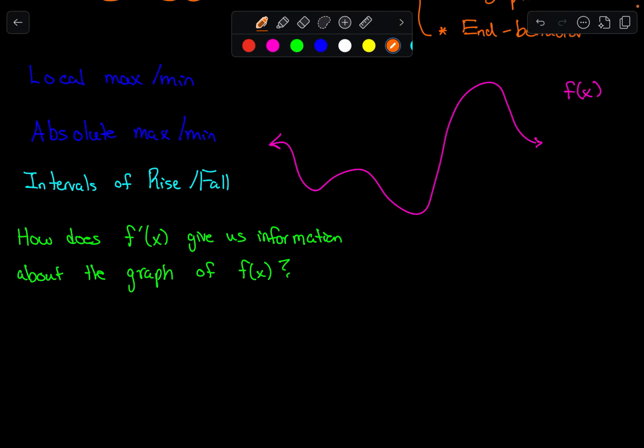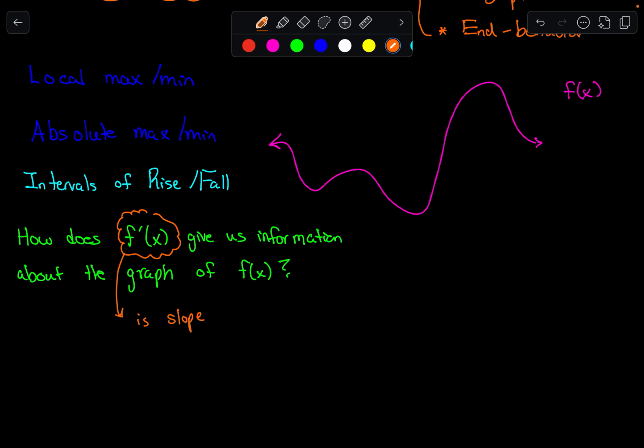Okay. And so the easiest way to think about this is to think about the simplest application of f prime, or of the derivative, which is that the derivative visually represents what? Well, the derivative visually is the slope of this particular graph.